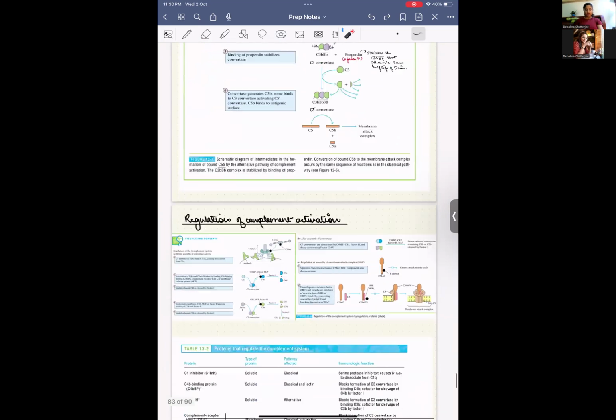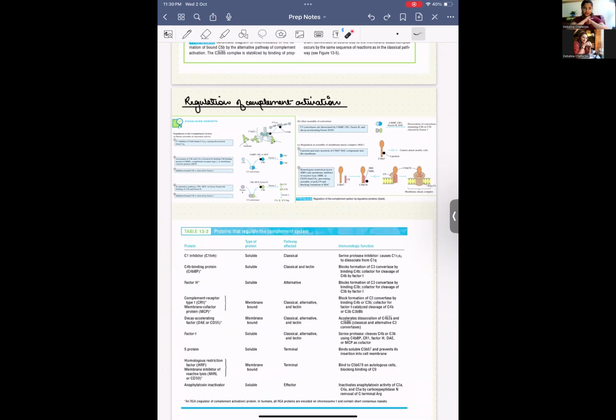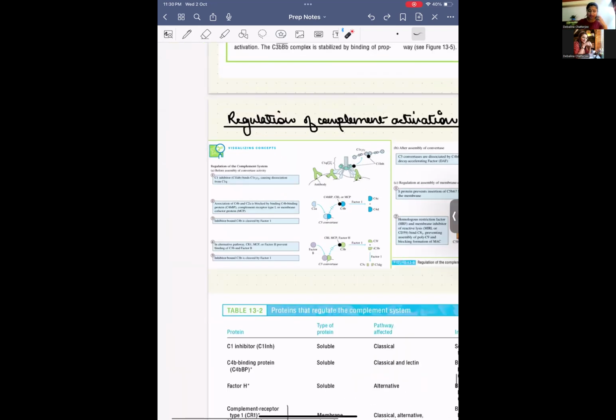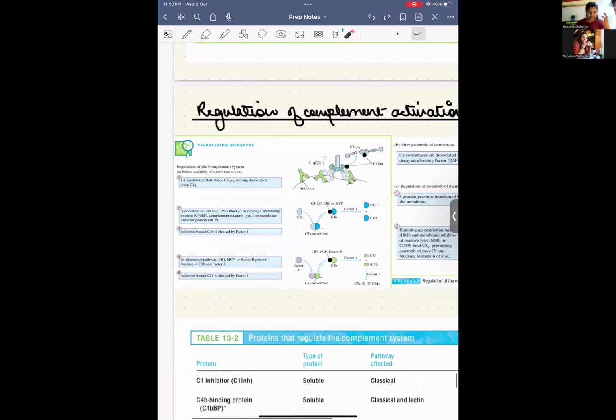Okay. Now, it is important for us to understand that complement activation is a tightly regulated process, because if it's not the case, then the host cells can also suffer a lot of loss, or there can be indiscriminate cell lysis and death of maybe some important cells, right?